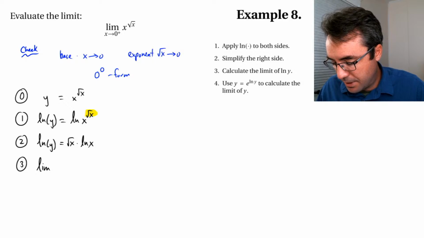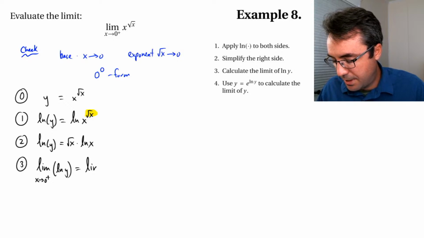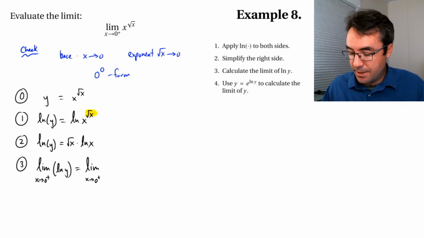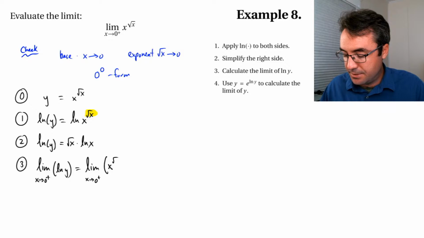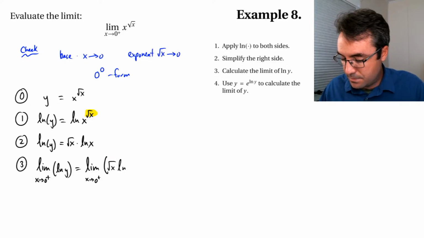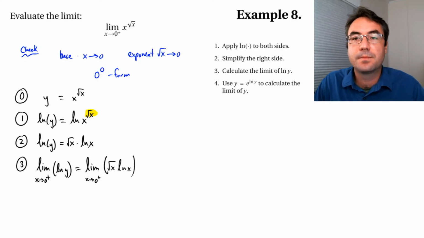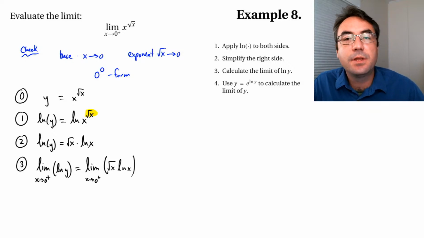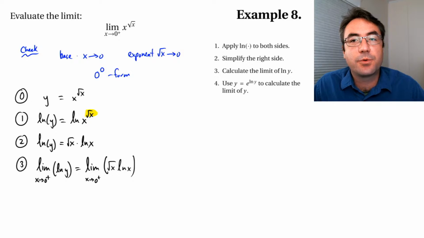So we're going to apply the limit to the left-hand side as x approaches 0 from the right. And then we're going to apply the limit as x goes to 0 from the right to the right-hand side of our equation. So all we did was just apply the limit sign there to both sides of our previous equation.